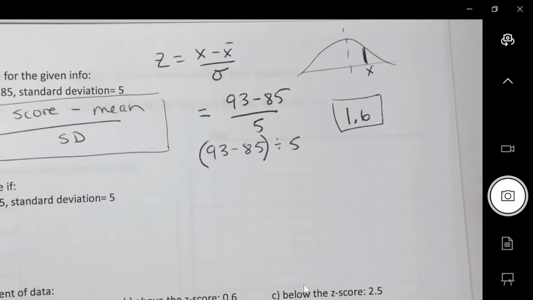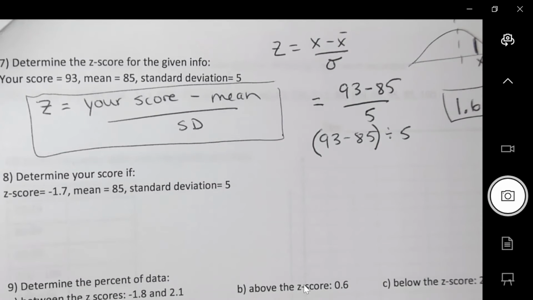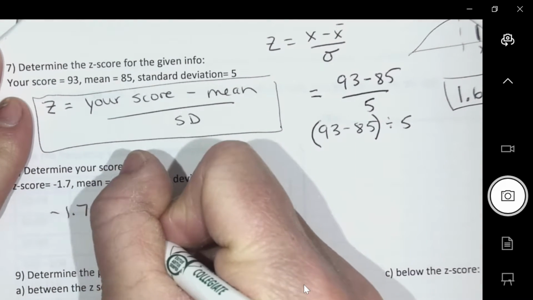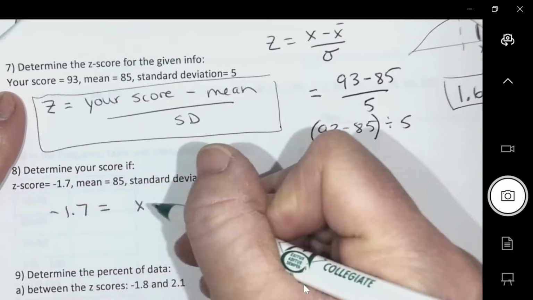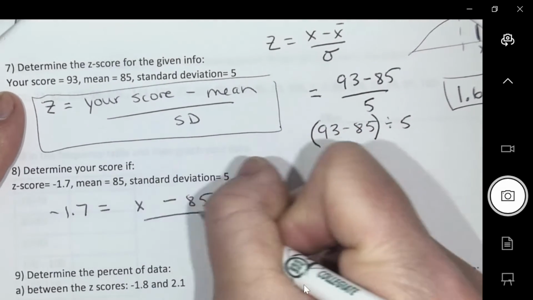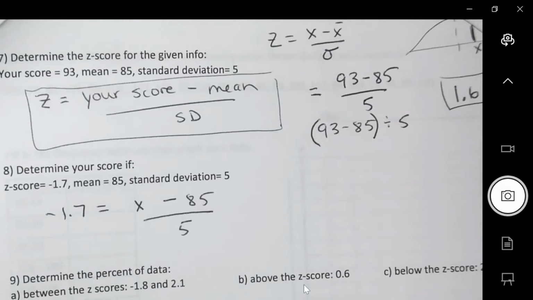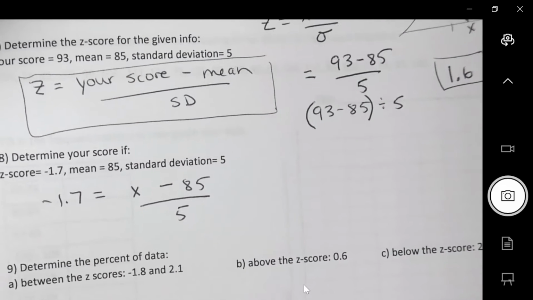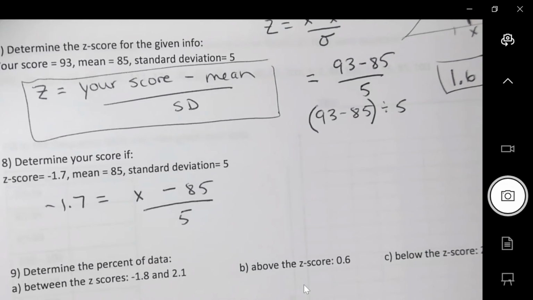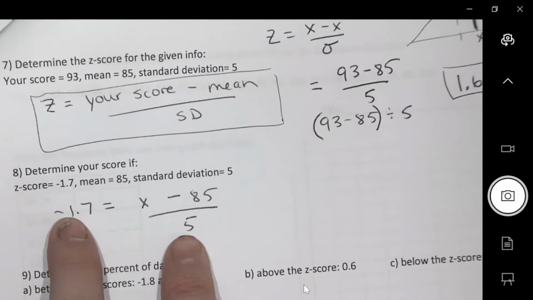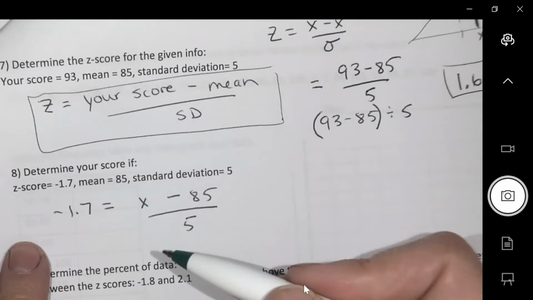Okay, working backwards. The Z score is negative 1.7. What is your score minus the mean over the standard deviation? Now, what is our score? That's what I'm trying to figure out. So I'm going to do 2 algebraic maneuvers here. I'm going to times 5, and then I will add 85.